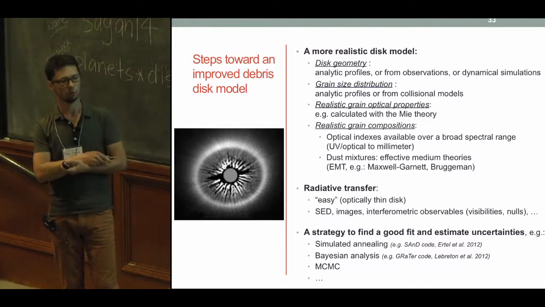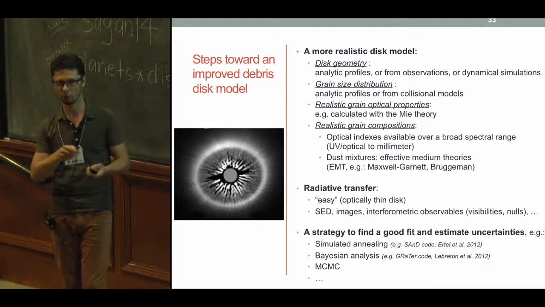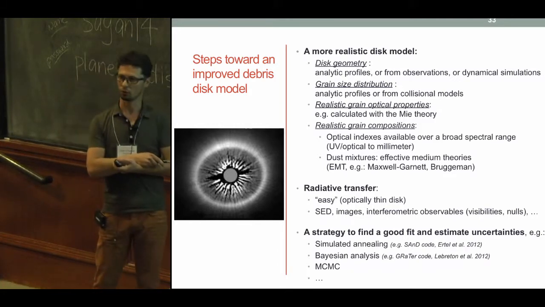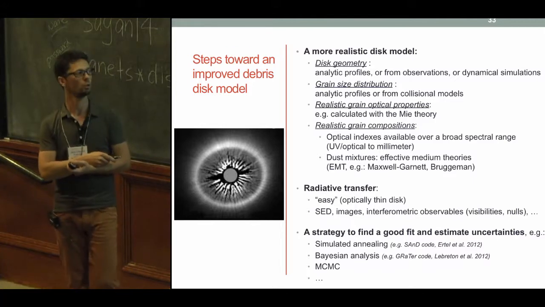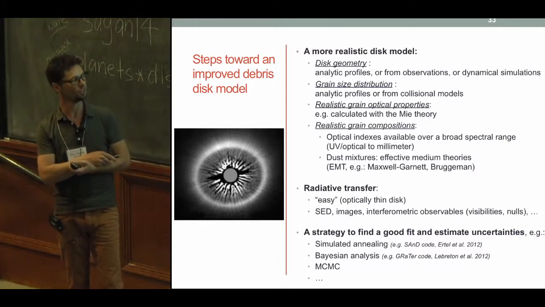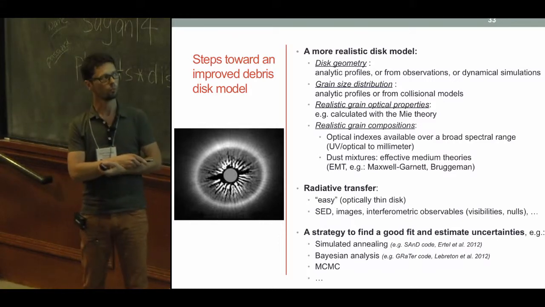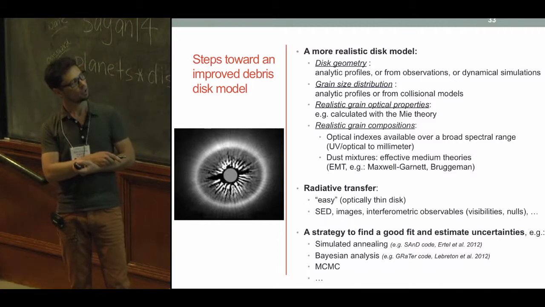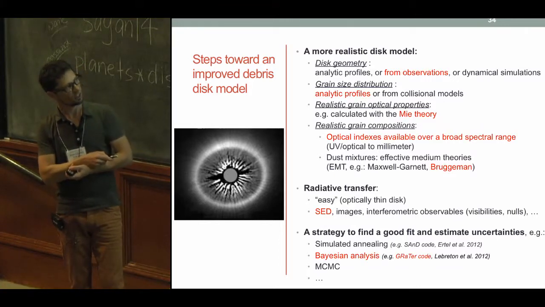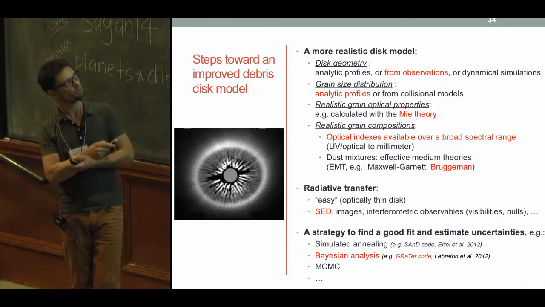You can consider different possibilities, simulated annealing to find a minimum in your parameter space. You could also consider Bayesian analysis. So you calculate your different models on a grid of parameters, and then you calculate probabilities for your parameters and uncertainties. You could consider different techniques, and the one I will use here is Bayesian analysis to model this particular system with these particular properties.